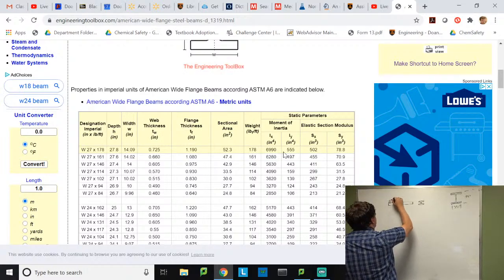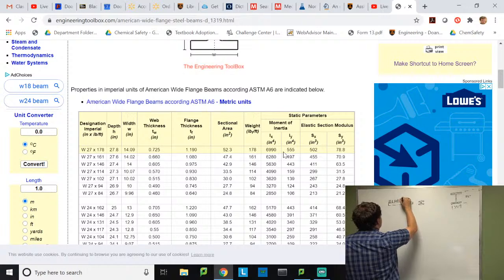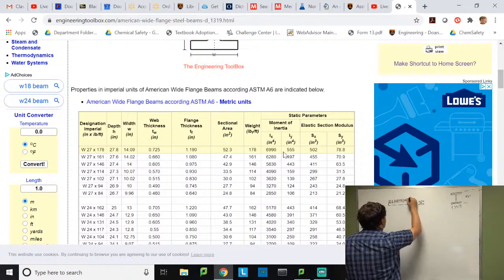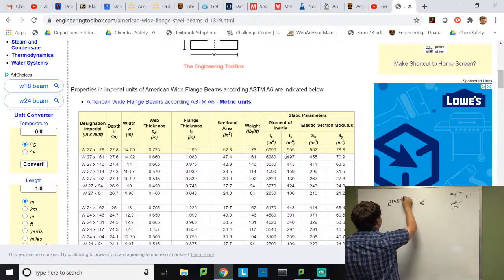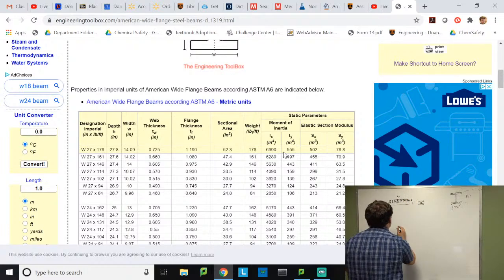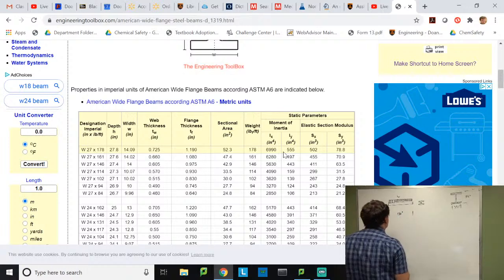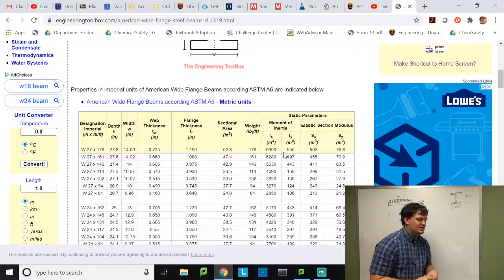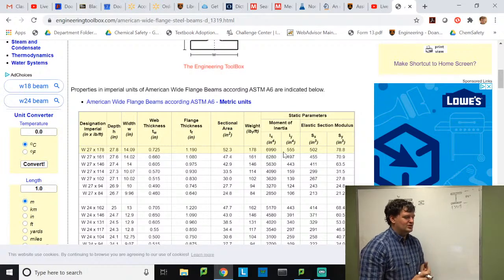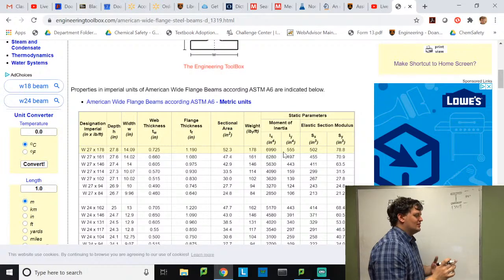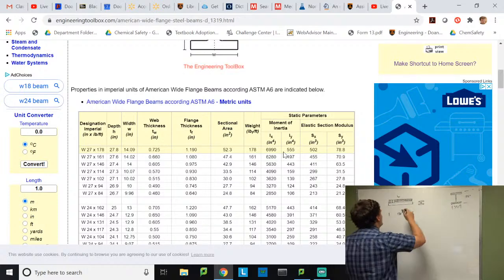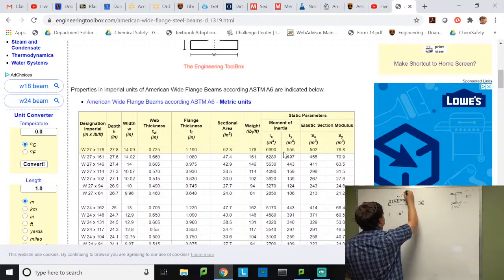What we'll do is go ahead and load this I-beam with a certain load W. We'll make this be 10 feet long, or 120 inches. Let's say it's like a floor. We'll do 100 pounds per foot.